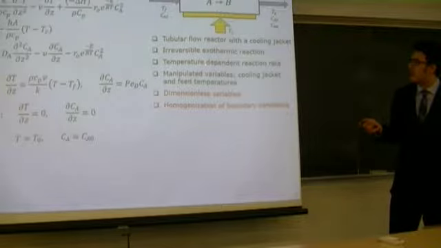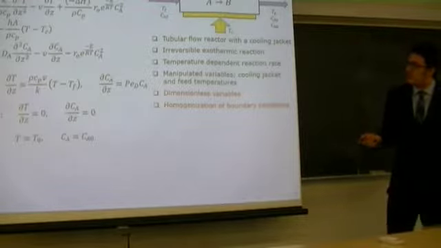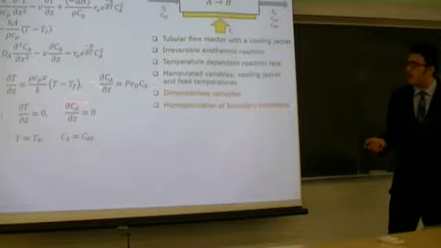We consider the temperature dependency in the reaction rate, and we are manipulating the variables by the cooling jacket and feed temperatures. These are the general form of nonlinear partial differential equations which could describe the spatial temporal dynamics of temperature and also concentration in this simple reactor, subject to the boundary conditions and initial condition.